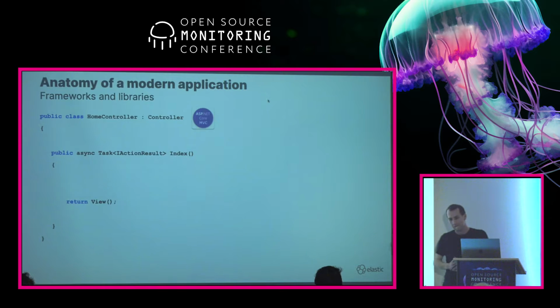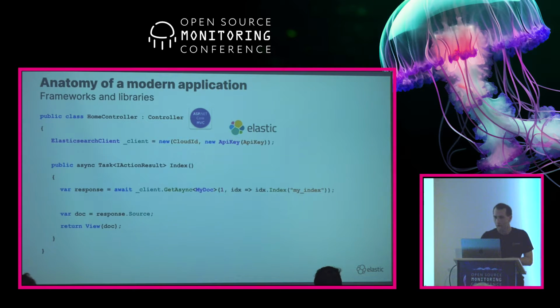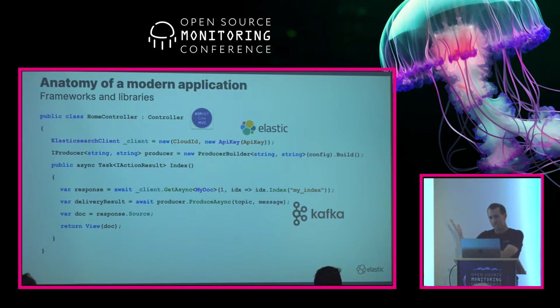If you are a Java developer, then Spring does something similar. It's basically a web framework, and then you use a whole bunch of libraries. Let's say I add an Elasticsearch client to the application, which talks to Elasticsearch. This is what we saw in the demo. Just to have another dependency, you can have Kafka as a dependency in your application. Then again, that's another library that you use in the application.